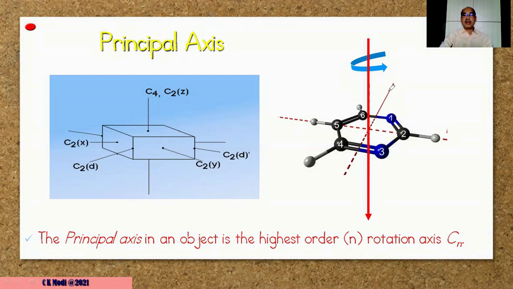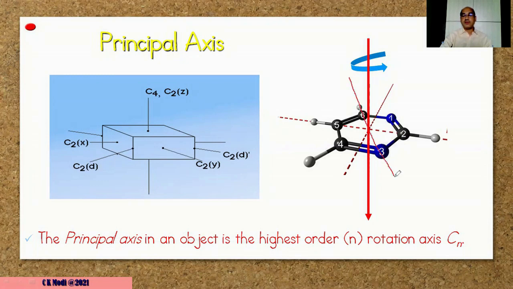Same way, if I pass this imaginary line through the center and rotate it, carbon 3 interchanges with carbon 4, carbon 2 interchanges with carbon 5, and carbon 1 interchanges with carbon 6. So this is C2. After 180 degree rotation, we get the indistinguishable structure.